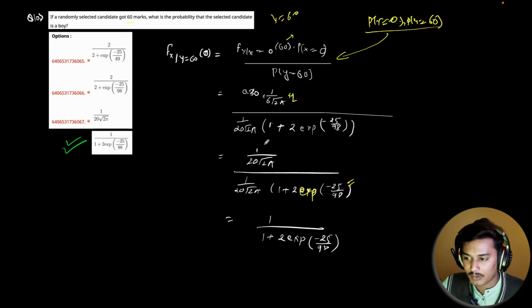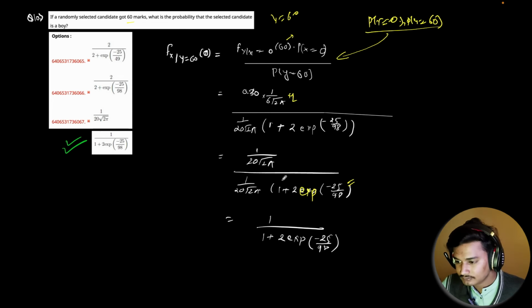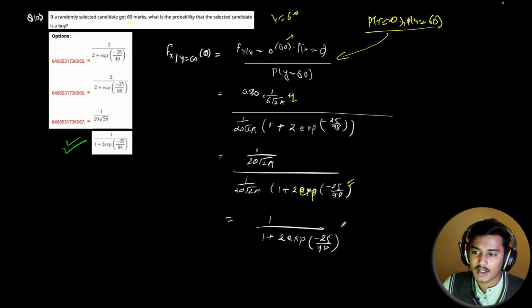So 1 upon 20 root 2 pi will be cancelled out. At 0.30 upon 6 is basically 0.2, basically 20. So 1 upon 1 plus 2 exponential of minus 25 by 98, and this will be our answer.